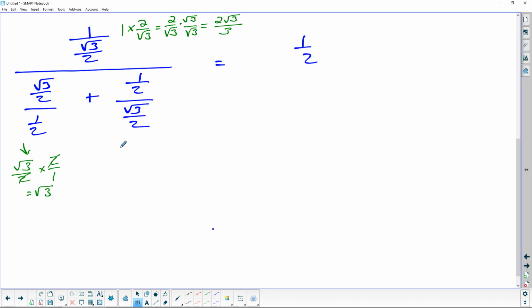We take 1/2 and multiply by 2 over root 3. So this is 1 over root 3, and we're going to rationalize that.